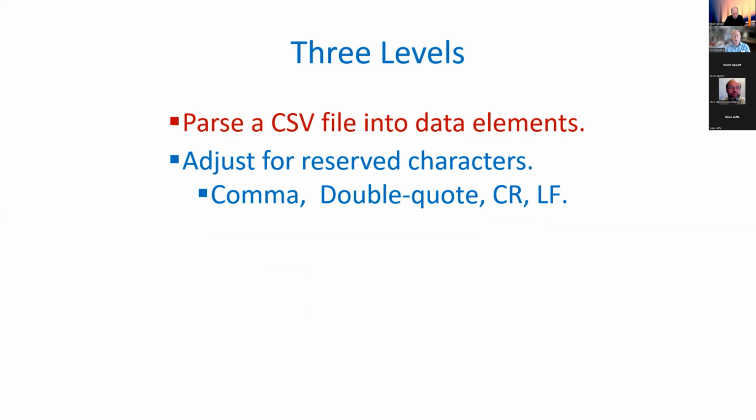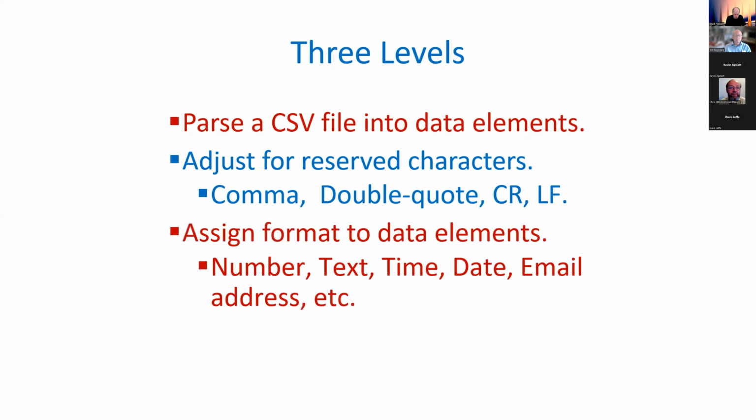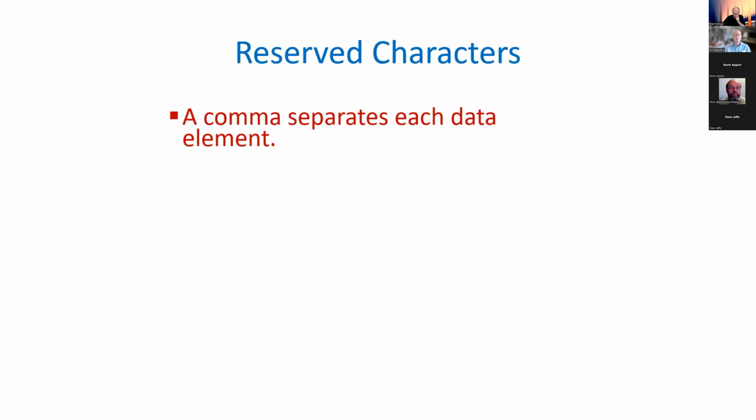And most CSV translators allow you to pick what the reserved characters are. And then the third phase is to assign data formats to the elements. Basically, what I'm doing is taking a spreadsheet and reconstructing it via CRLF files into a Forth database.